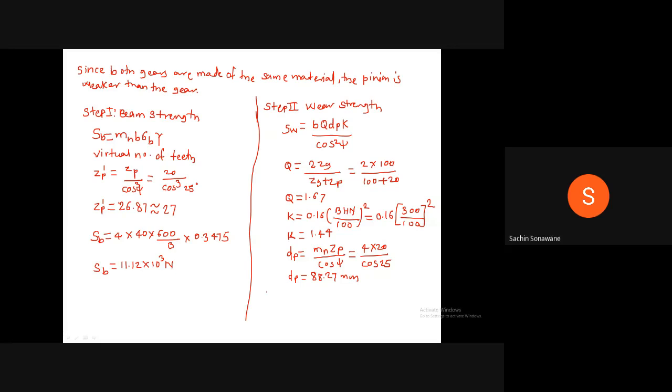Wear strength. Therefore, SW is equal to 40 into 1.67 into 88.27 into 1.44 divided by cos square 25.